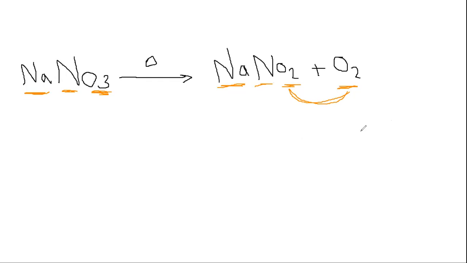How? It will be 4 NaNO3 in the reactant, and in the product it will be 3. So we write 4 here. Yes?